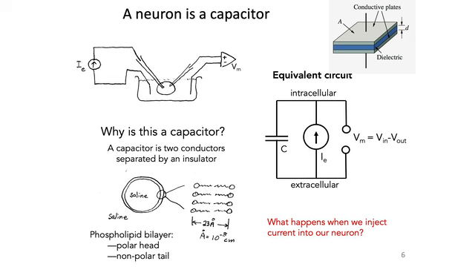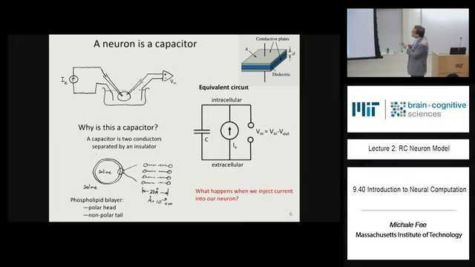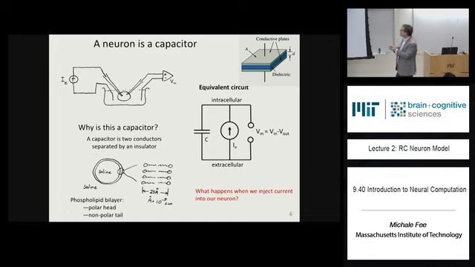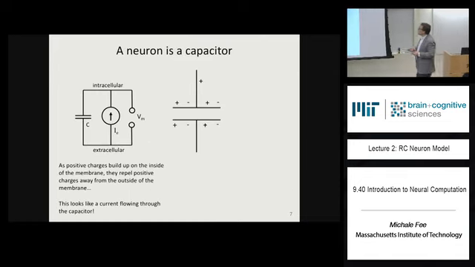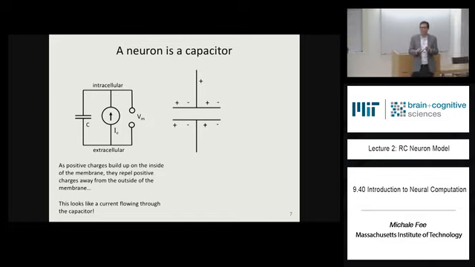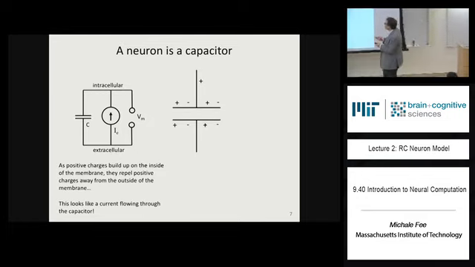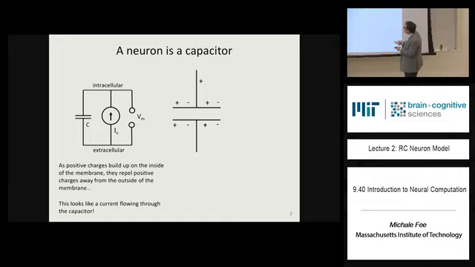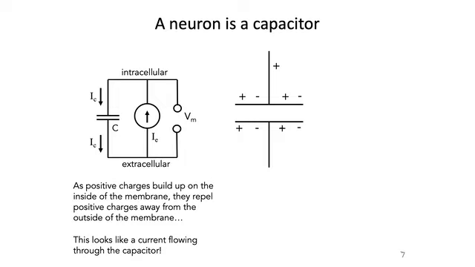All right, so what happens when we inject current into our neuron? As I said, the current source is pulling charges from the outside and pumping them into the inside. So what we're doing is injecting current. Let's say this is our capacitor.